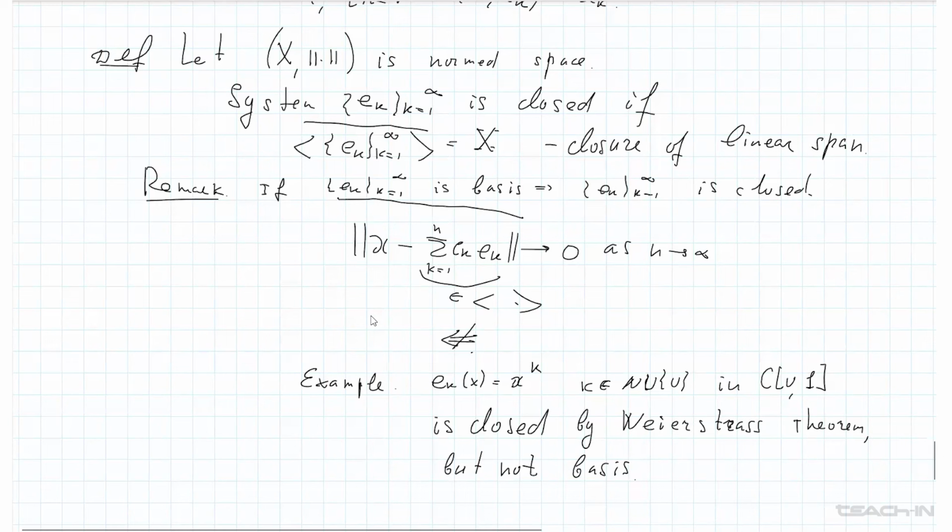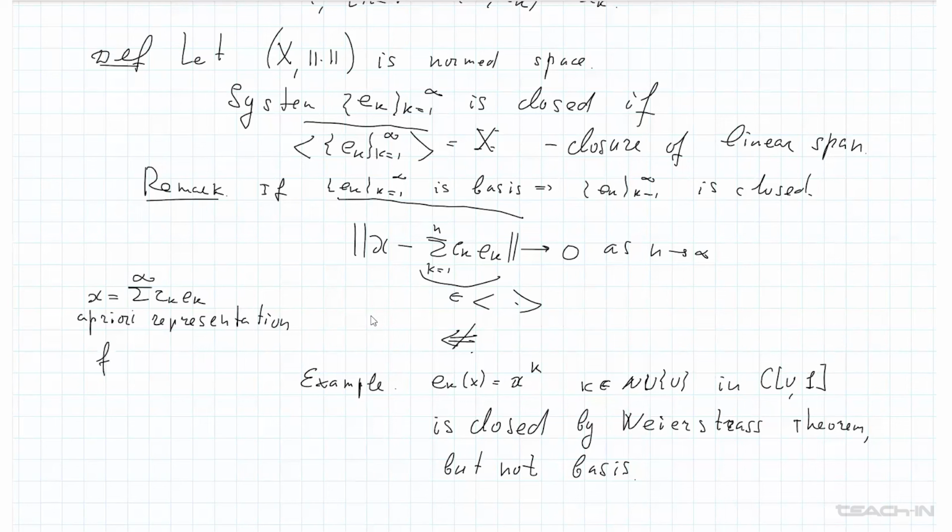For a basis, we have a representation, an a priori representation. So if you need to obtain a more precise approximation, what do we need to do for a basis?